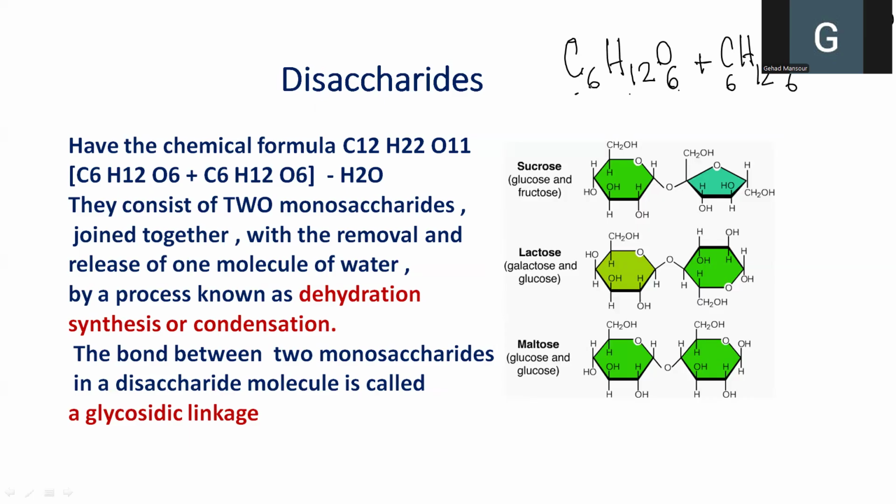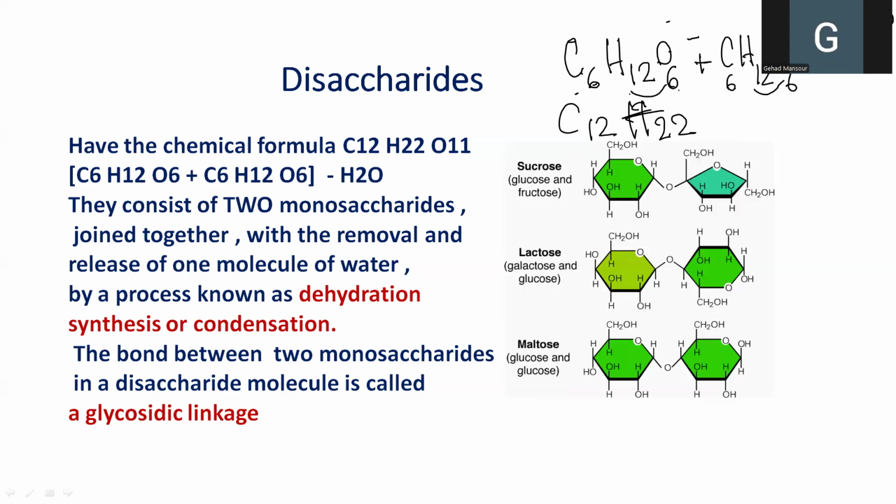For carbon, it would be C6 plus C6, or C6 by 2 simply, which is C12. Concerning hydrogen, we were expecting the disaccharide to contain 12 and 12, or 24, or double 12. But because there are two hydrogen atoms that have been removed, then we wouldn't have H24, but H22.